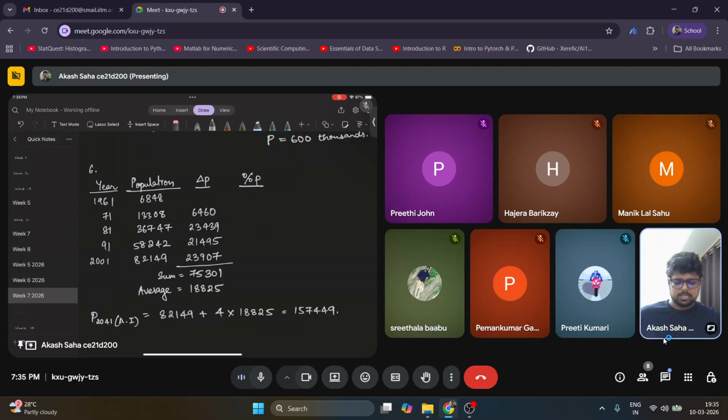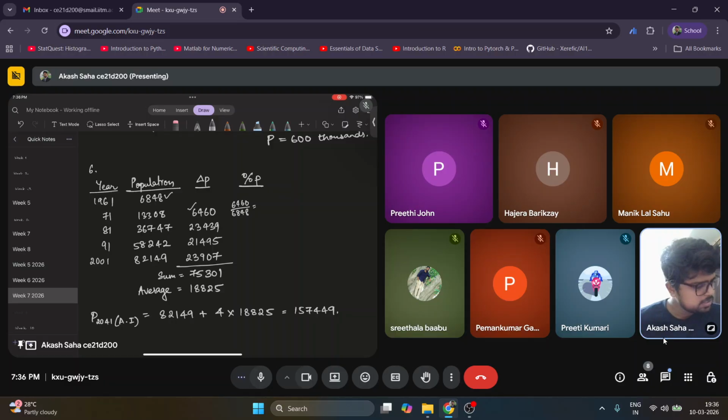Okay. What is the percentage change in the population? So we will just divide the delta P with the previous decade population. Okay. So it will be 6460 divided by 6848.